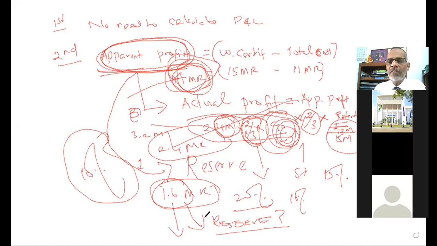Profit, good, because we cannot transfer to our income statement current year because the contract is not finished. Until finished, we keep as a reserve. Ultimately, the reserve of 1.56 million will be transferred in the final year, meaning the contract finished year, to the income statement.